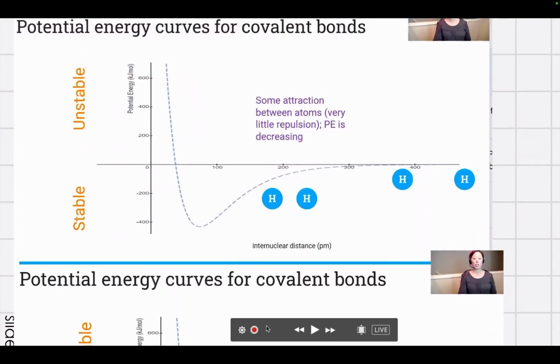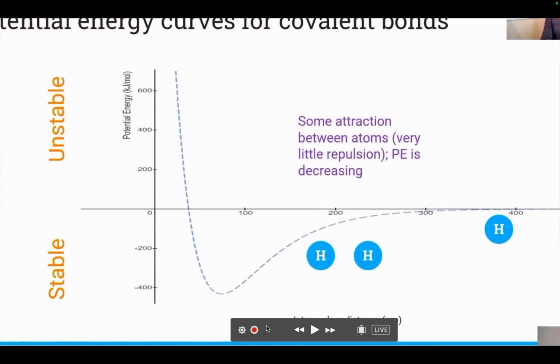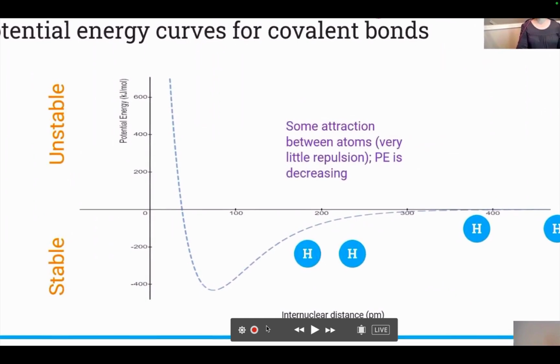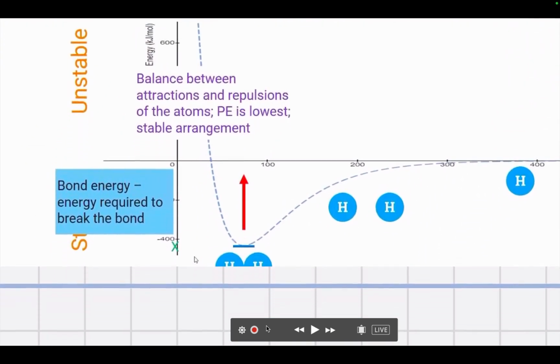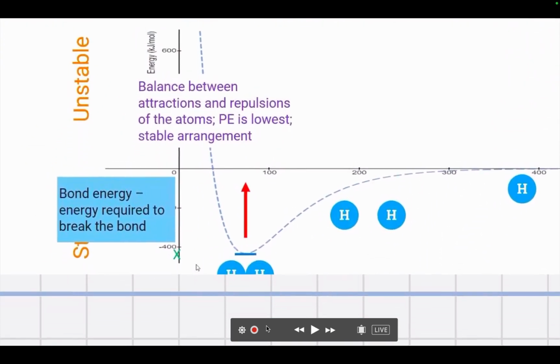As they start to get closer together, now there is some attraction and not much repulsion, so the potential energy is starting to slope down. And then we get to this ideal distance, where the hydrogen atoms are bonded together.